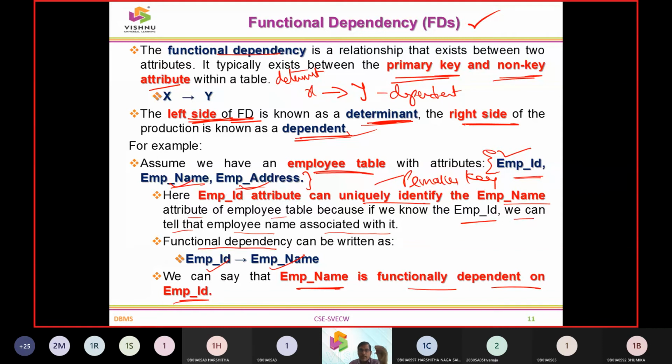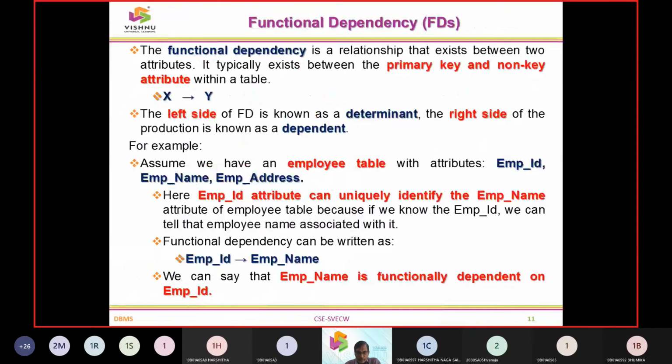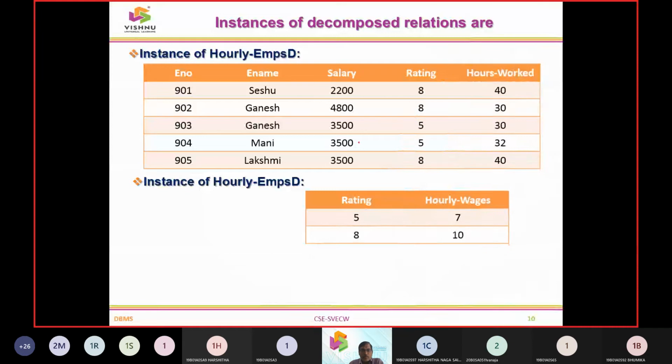So in functional dependency, non-key items are dependent on the primary key. The non-key items participating in the relation are functionally dependent on the employee ID here. What is employee number? It is called the primary key.